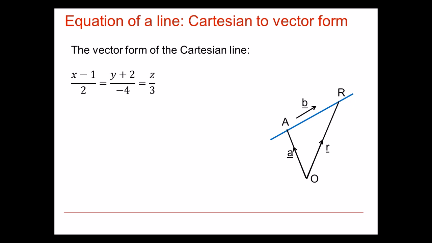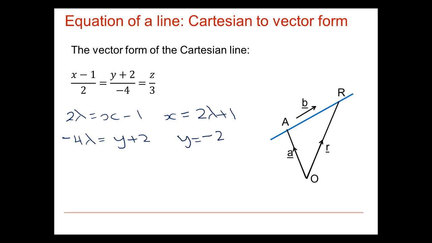If we want to go back the other way and find the vector form of the Cartesian line as given, then we know from this that 2 lambda will equal x minus 1, and that therefore x must equal 2 lambda plus 1. We also know that minus 4 lambda equals y plus 2, rearranging to y equals minus 2 minus 4 lambda, and that z equals 3 lambda.